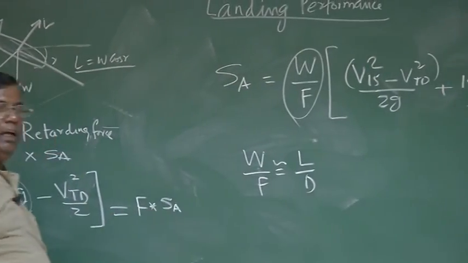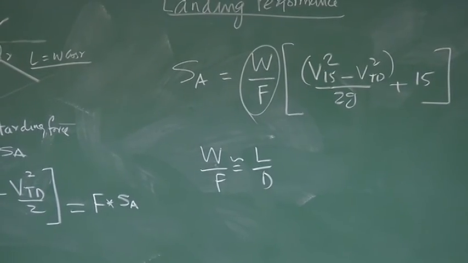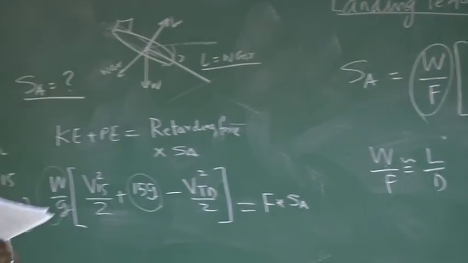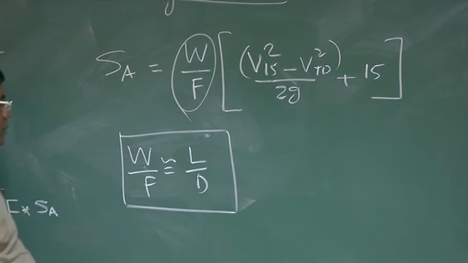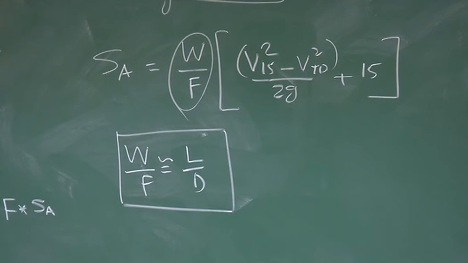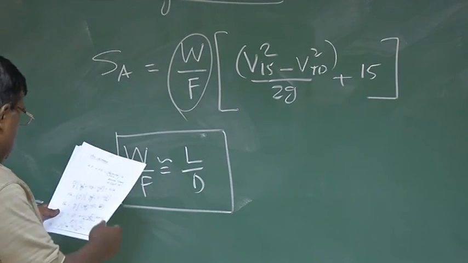And F is drag, because in the air, the energy is being dissipated because of drag. So this approximation, although not exactly correct, is not a bad approximation. So now I substitute here.